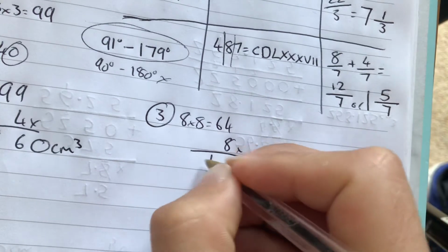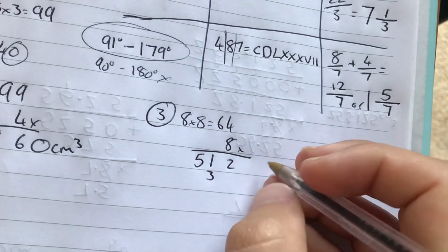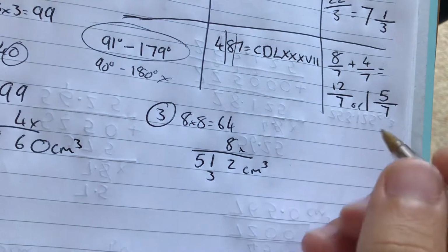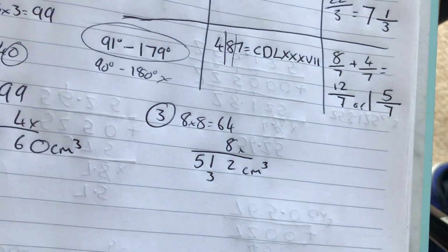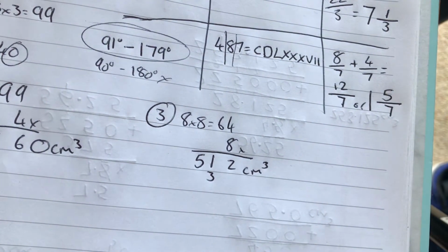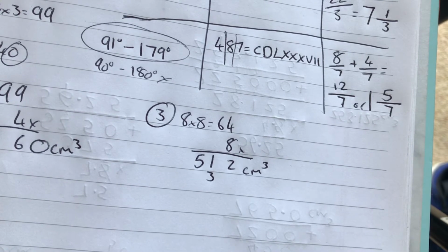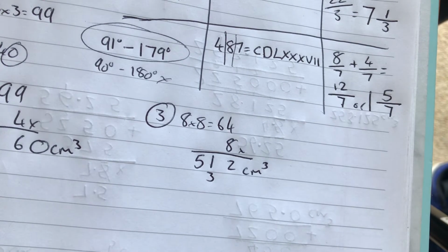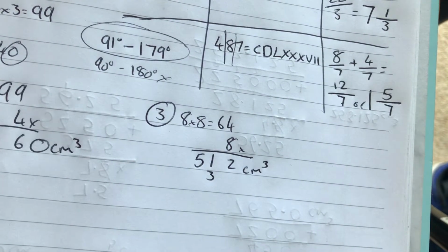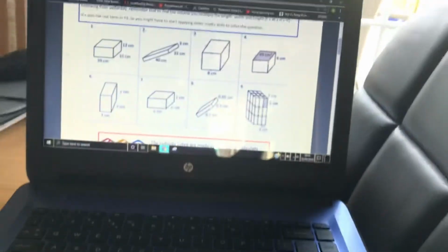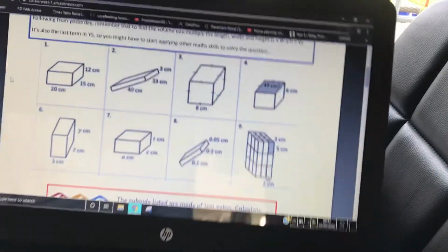Add 3, 51. So you've got 512 centimetres cubed. Lovely jubbly. So I've done the first 3 now, and I've not had to do anything mathematically that I wouldn't have done before lockdown. And that goes for you guys, as in, these calculations are things we would have been doing at the beginning of year 5. It's just the concept of volume.